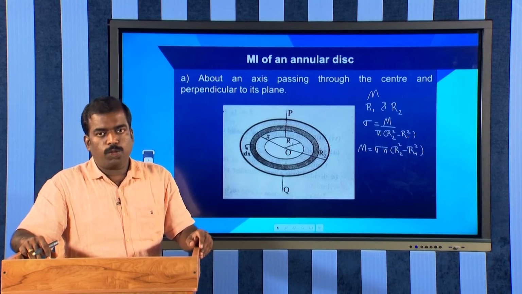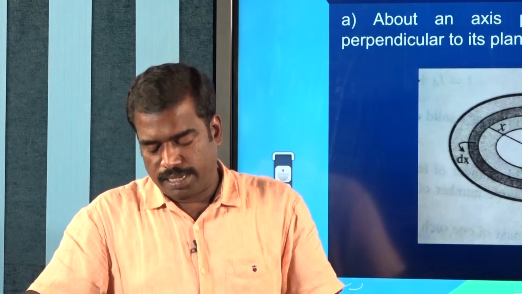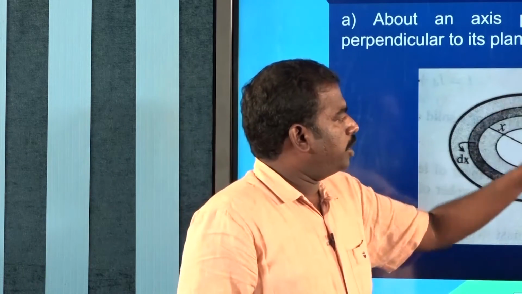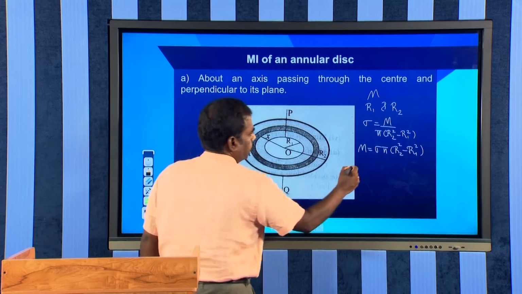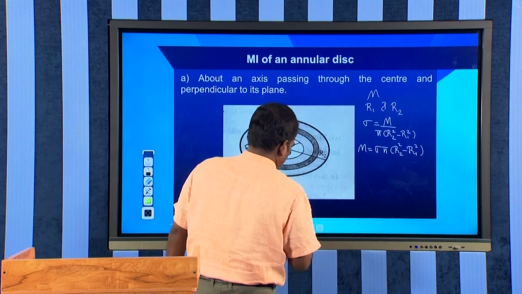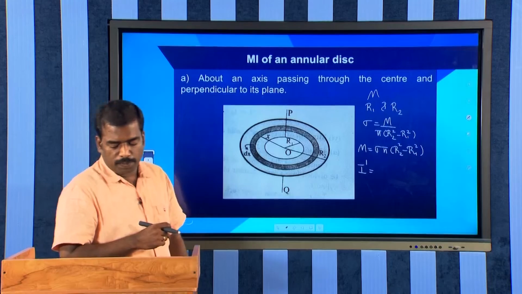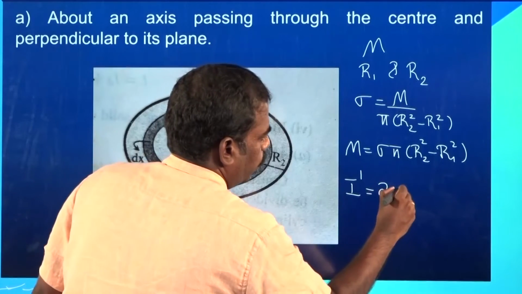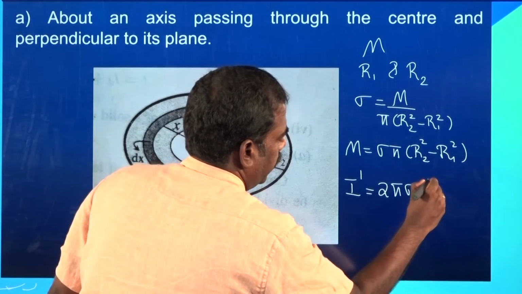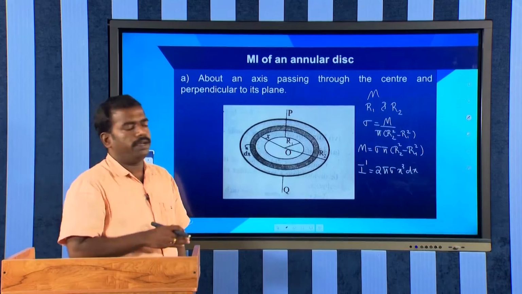So, the moment of inertia of the ring about the axis PQ is given by I dash, the same formula we obtained in the previous case, 2 pi sigma x cube dx. This is what we obtained in the earlier case of the circular disk also.